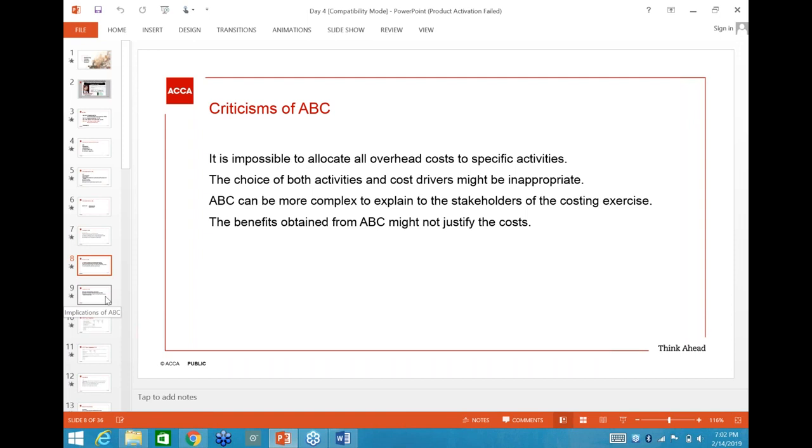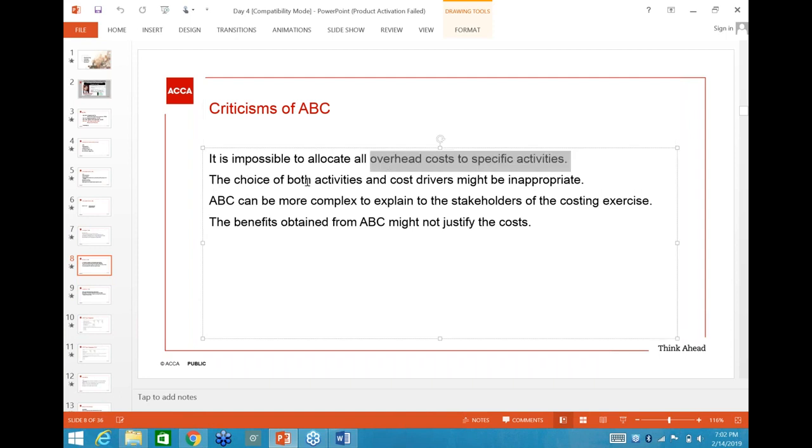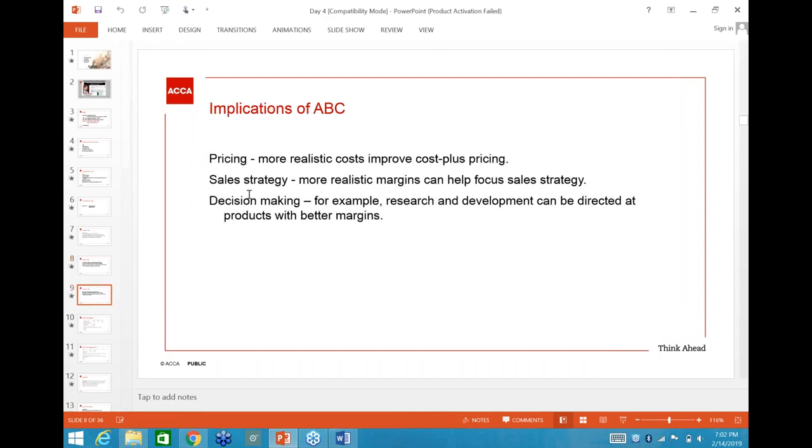There will still be certain costs where you cannot specifically find the cost driver. Sometimes it's very difficult to match an activity with a cost driver. And finally, it can be very expensive to implement, finding people who know how to properly introduce ABC into my company.